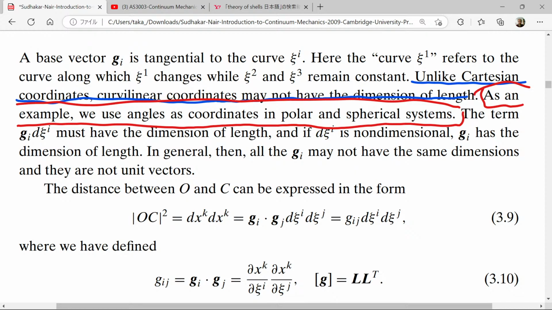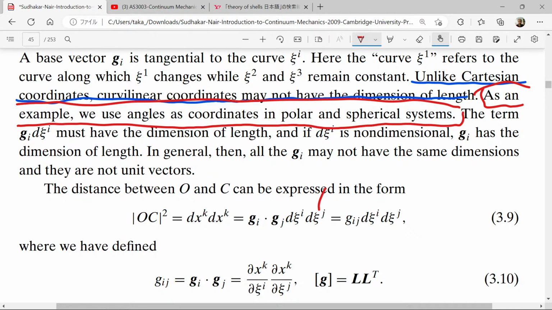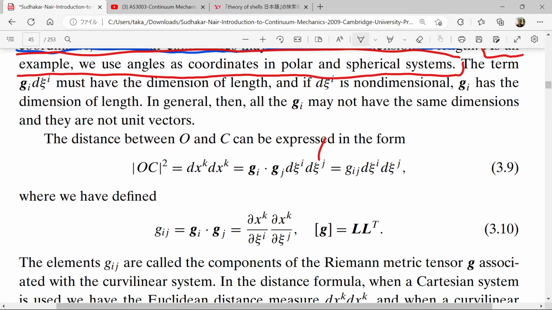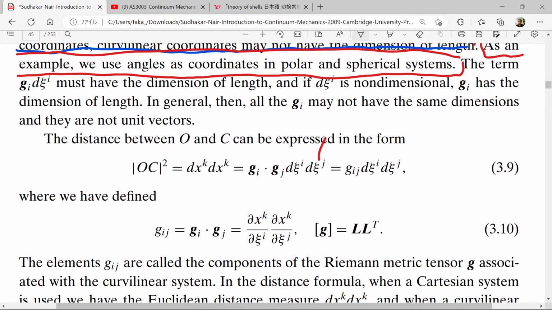The g_i may not have the same dimension, and they are not unit vectors.